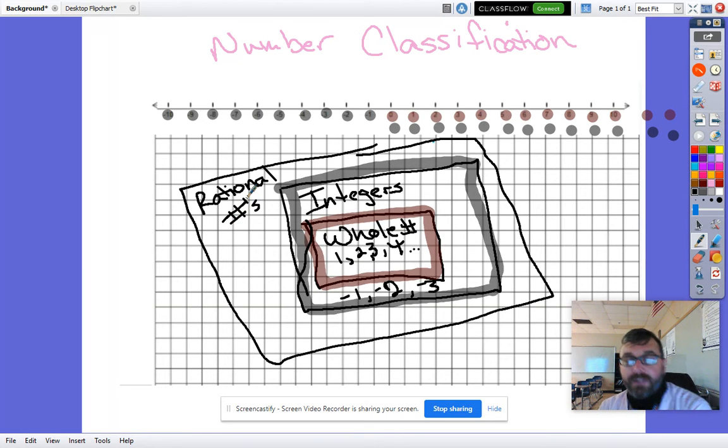Now, we've already discussed earlier the definition of a rational number, and that's any number that can be described as A over B, where B does not equal 0, right? That is a rational number. It can be displayed as a fraction. So let's make this one green.